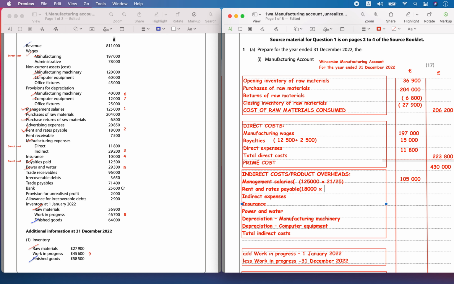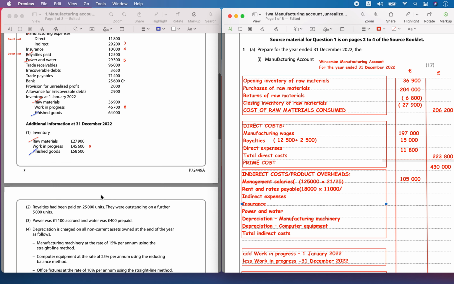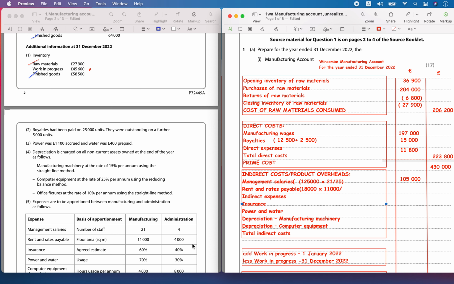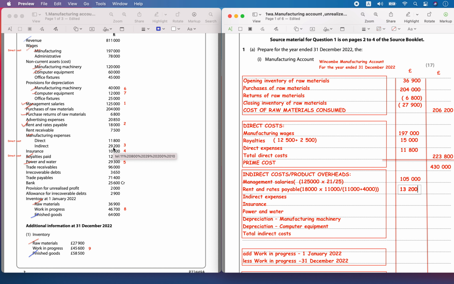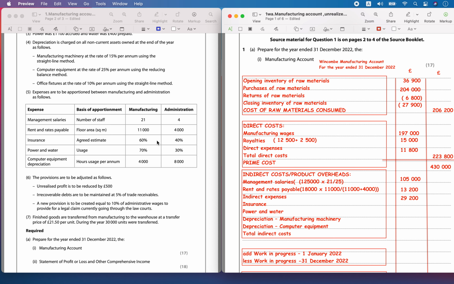So 18,000 times 11 divided by 11 plus 4, that is 13,200. Then indirect expenses, which is 29,200. So let's write the indirect expenses 29,200.